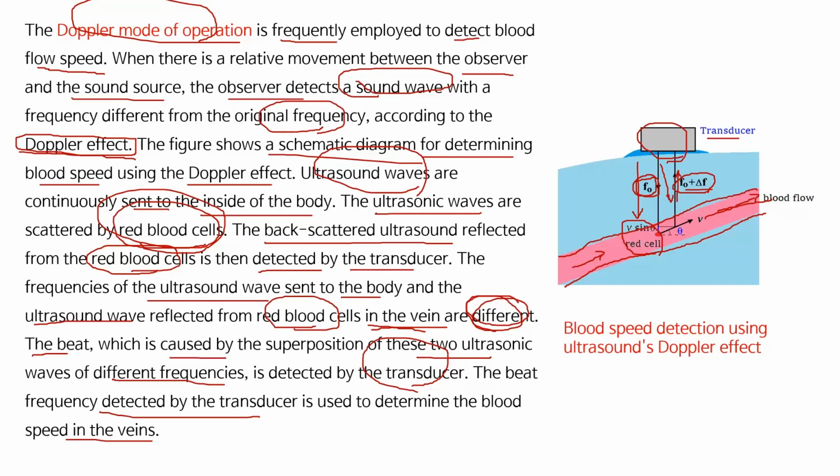So we can observe some beat frequency, delta F. Using this beat frequency, we can determine the speed of blood flow. So that is the Doppler mode of operation.